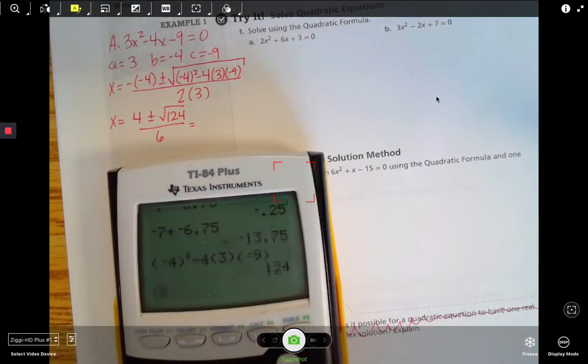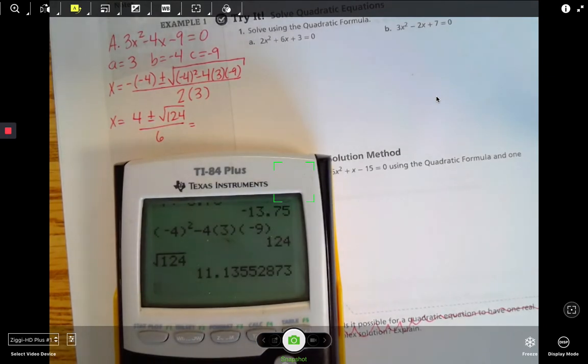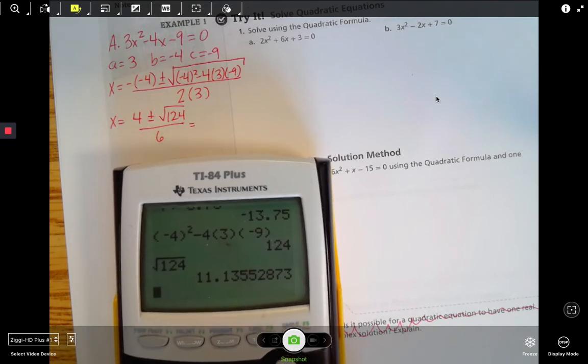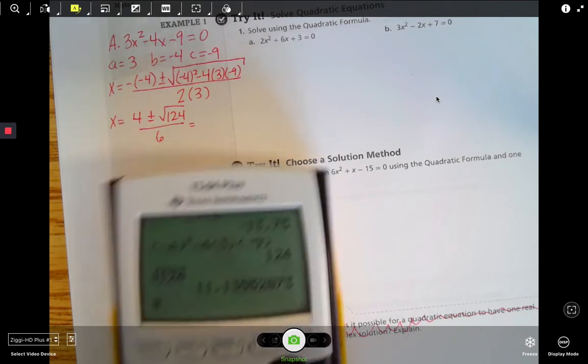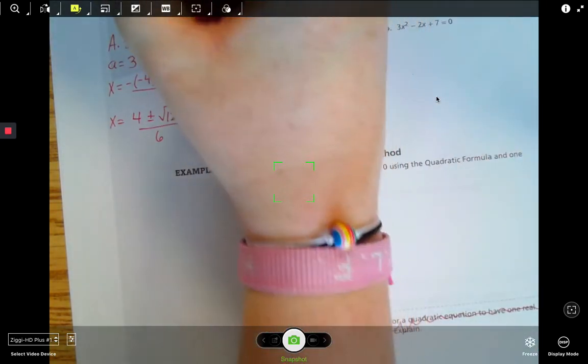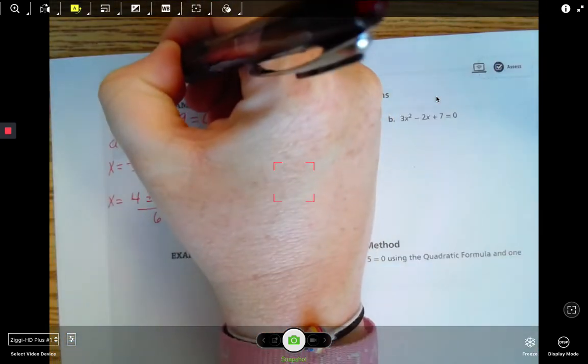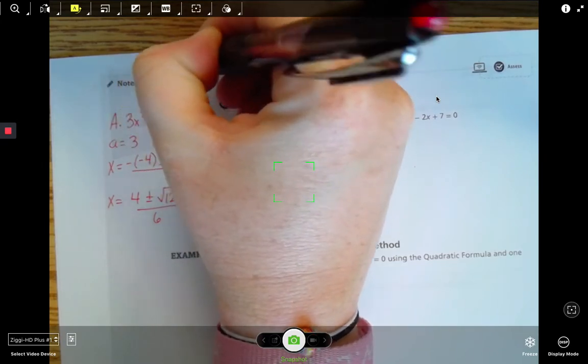Automatically try to see if the square root of 124 is a perfect square, and it is not in this case. So what I have to do is I have to simplify that square root. So I'm going to come up here just because I don't have enough room, and I'm going to take the square root of 124.